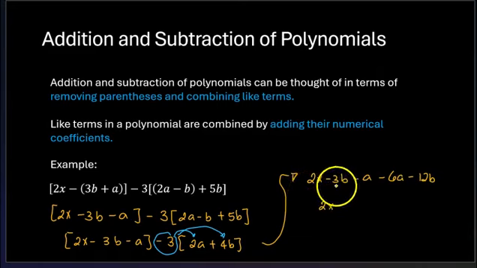We have like terms here, negative 3b and negative 12b. So that's negative 15b. For this one here, we have negative a and negative 6a, so negative 7a. That's the simplest form for this one after we remove all the parentheses.